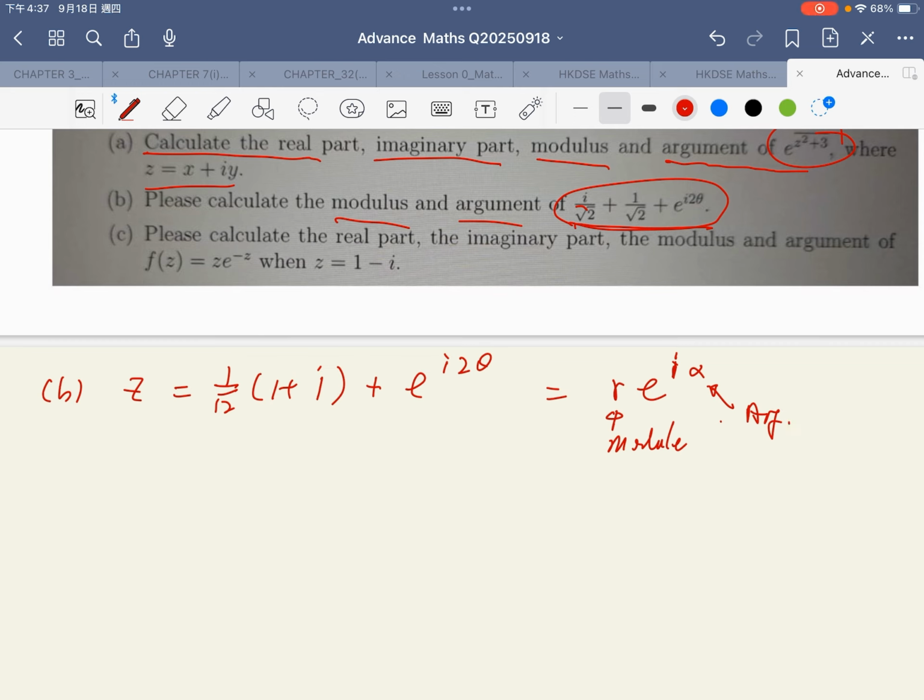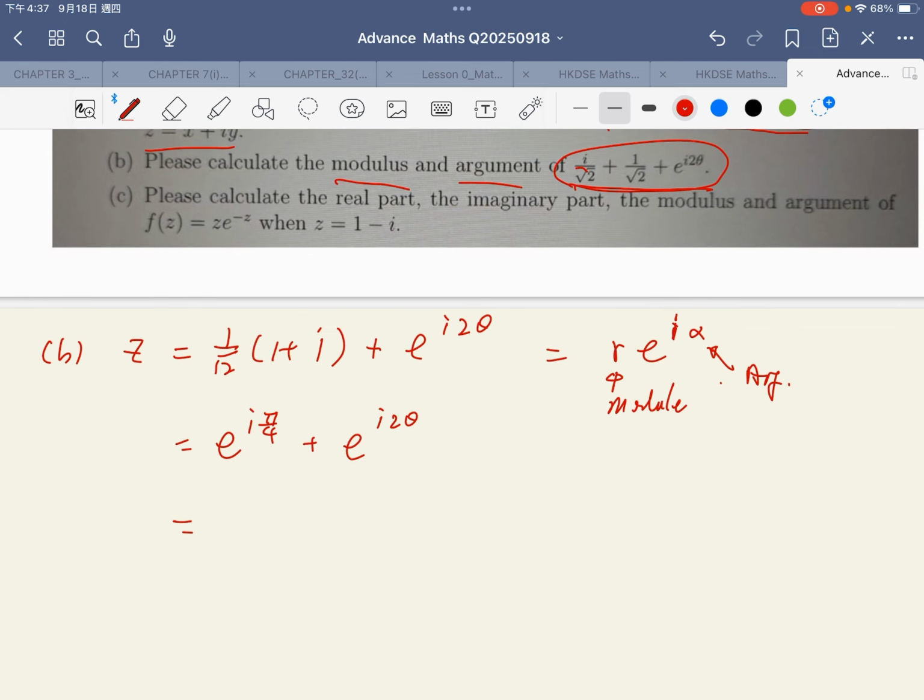In order to achieve this, I first change this one. This part is very technical. You can see this is e to the i pi over 4, and 2 theta. I separate pi over 4 into two parts, pi over 8 plus pi over 8, and e to the i theta can be changed to theta plus theta.